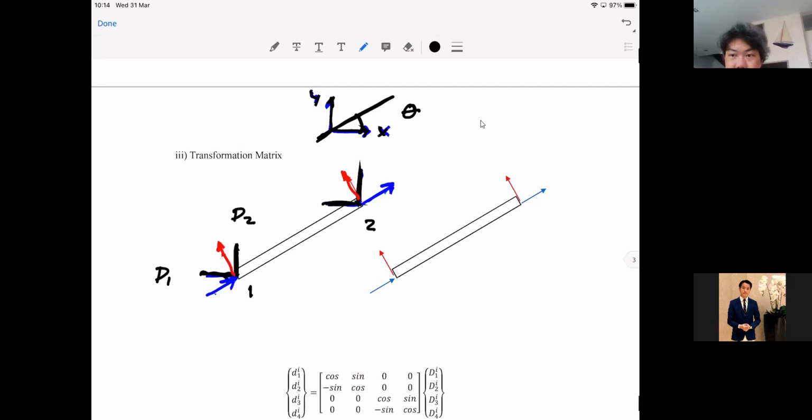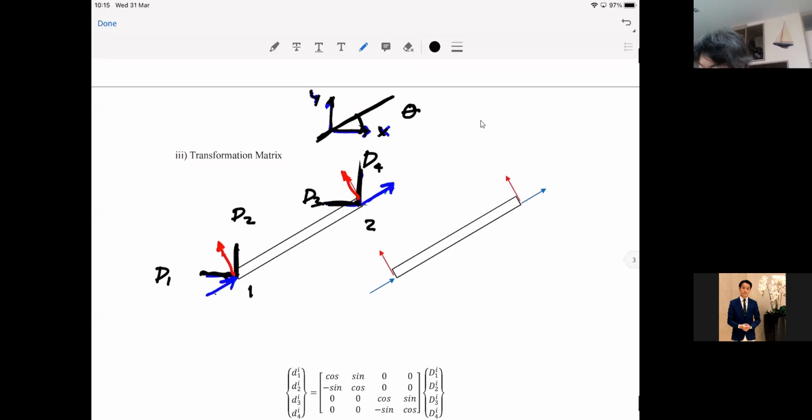Now we're going to use the general term. So 1 and 2 is in node 1. And so this becomes D3, and that becomes D4. All right, guys? And we are going to try to change things into the local, or maybe I write in black as well, so that I don't have to change the color back and forth and ruin the graphics.